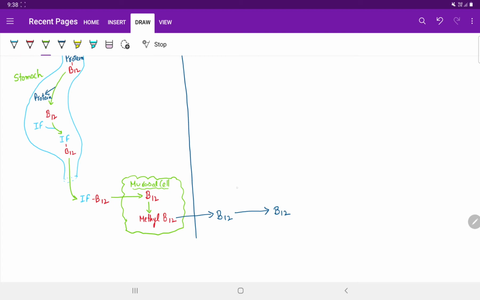So here you can see the action of transcobalamin 1 leads to formation of TC1B12. Now this is the 90% of the vitamin B12, whereas only 10% is left out.